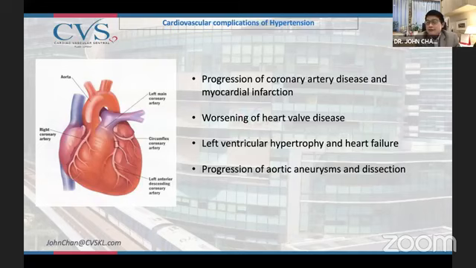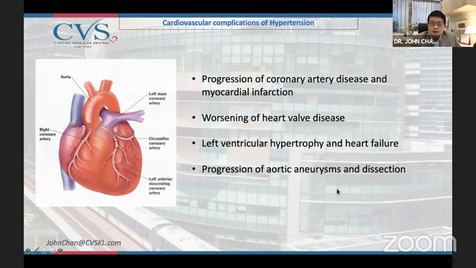For those with heart valve disease, it's often not appreciated that if you have, say, a leaking aortic valve or mitral valve, then the presence of hypertension can actually accelerate the progression or worsening of the valve dysfunction. So if you have heart valve disease, it is important to control the blood pressure as well. And of course, hypertension over time can lead to left ventricular hypertrophy and heart failure.